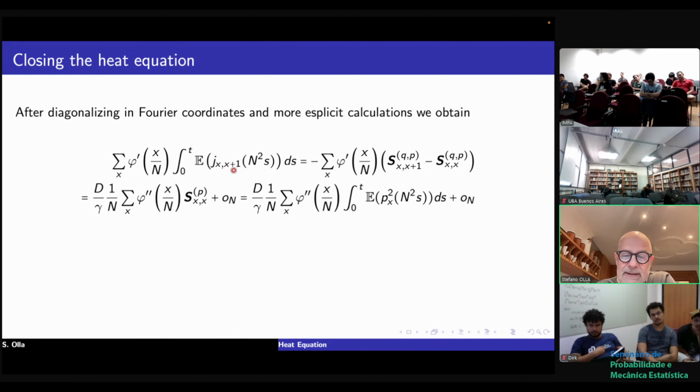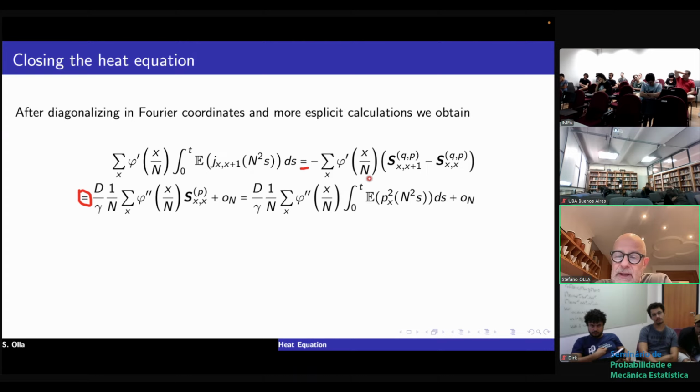And the information you get is what the current is. Jx is a difference between these elements of the matrix QP, it is the matrix QP that matters here. And this is really what you get in the stochastic dynamics: solving those equations, you see that you get a second derivative, and you get the diagonal terms of the matrix of the P, which are P squared, plus something small.